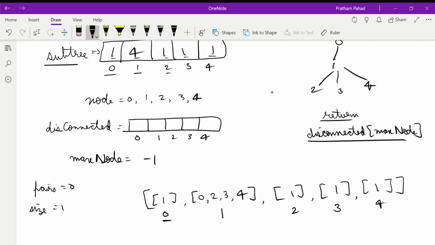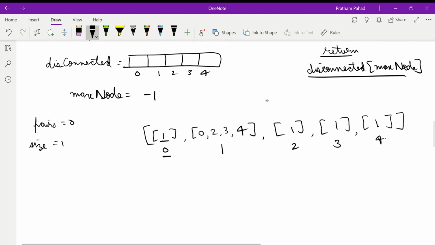Now, we will visit the direct child of the parent. So firstly visit 1. Now we have a formula to calculate the number of pairs. Pairs equals, for every element we are going to add pairs.